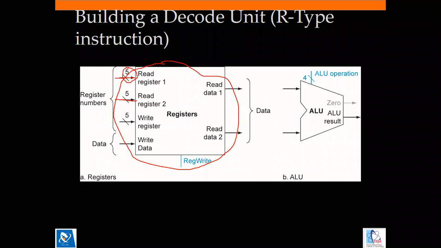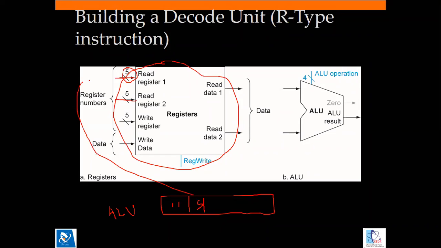If you recall the instruction architecture that I explained earlier, I'm talking about the ALU type of instruction right now. In the ALU type of instruction, the first 11 bits are opcode. The next 5 bits are source 1. So this particular 5 bits will go over here.